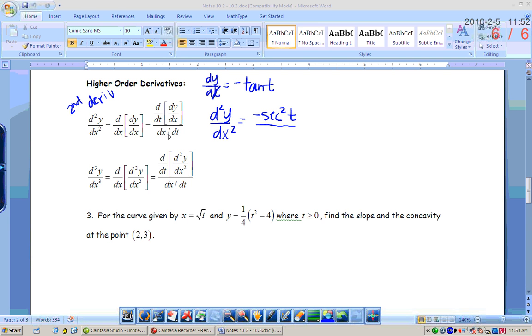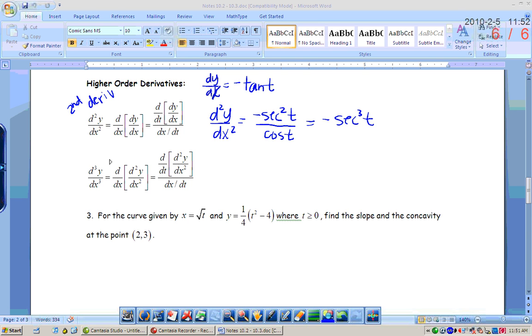And the original dx/dt was cosine t. And if we wanted to, we could write this as negative secant cubed, or negative 1 over cosine cubed.